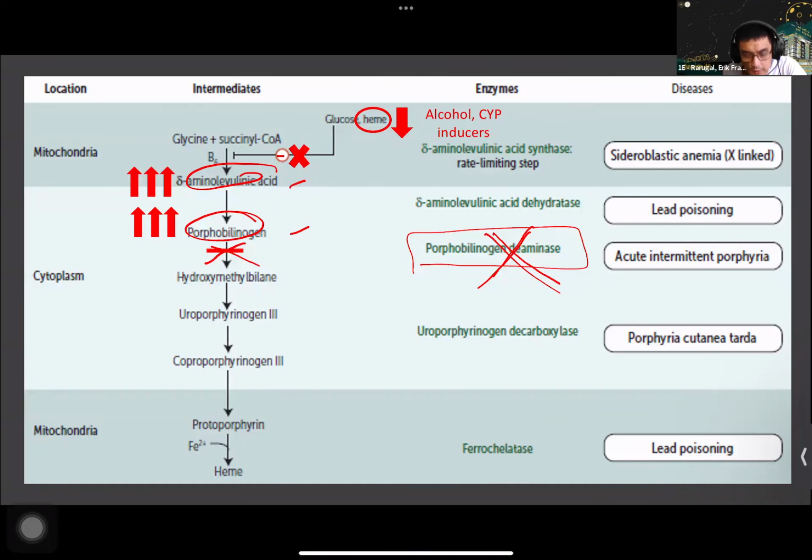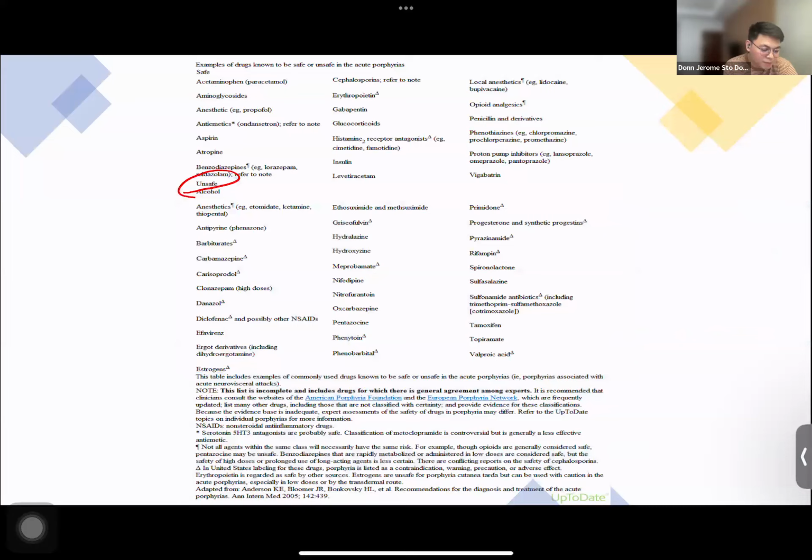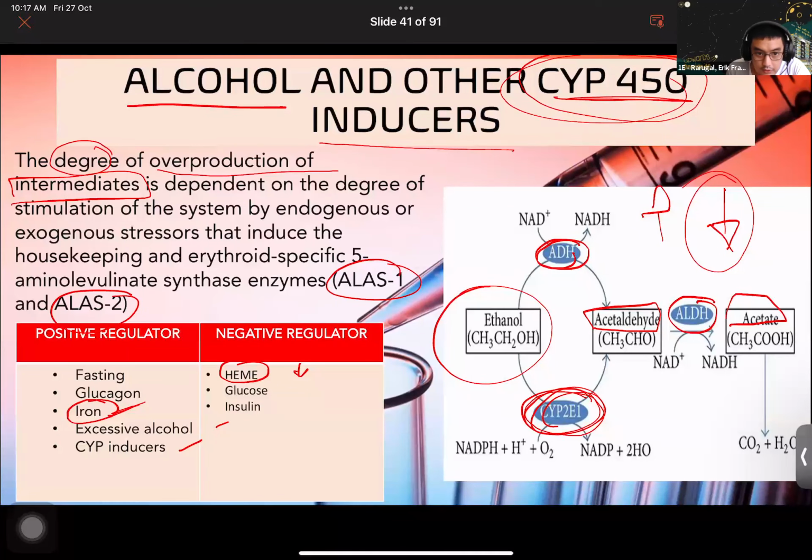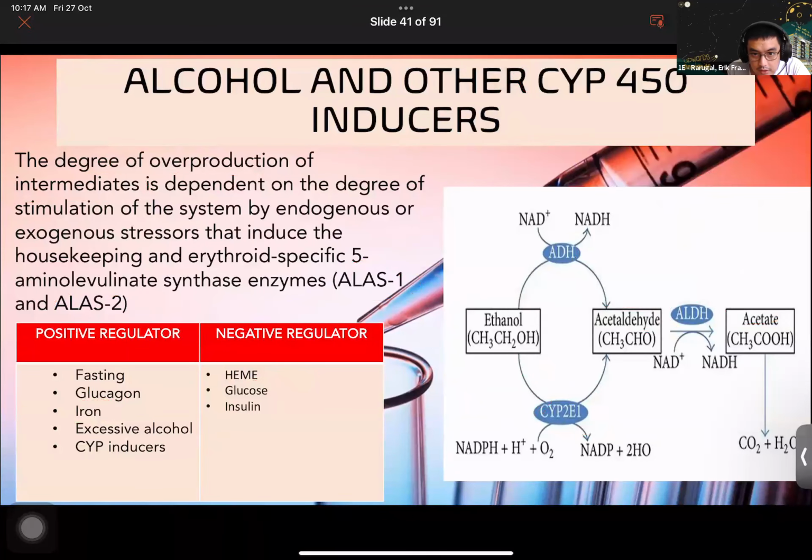I just want to confirm. Tama po ba ang thinking ko when I say na CYP2E1 is a heme protein? Yes. If you drink alcohol, hindi nakakayanan ni ADH.